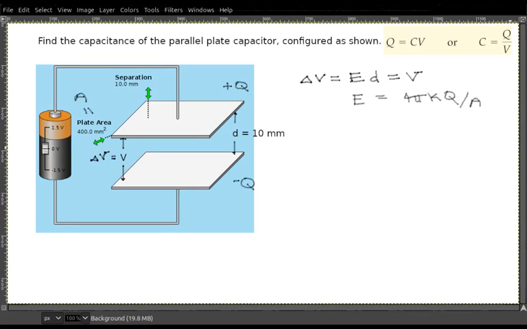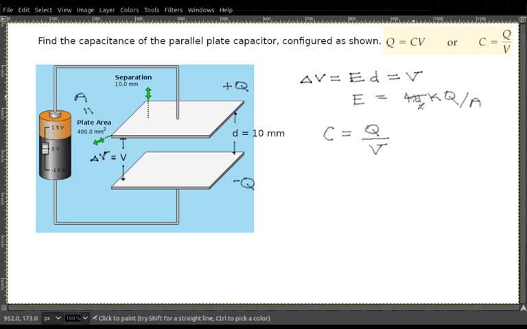We're given the area A here as 400 millimeters squared, and the charge we know is the magnitude of the equal and opposite charge Q induced on the plates by the assumed voltage. Okay, so we're getting pretty close. Let's see if we're almost ready to figure out what the C is in terms of what we have. The capacitance C is defined to be the charge divided by the voltage that caused it, the charge separation over the voltage that caused it.